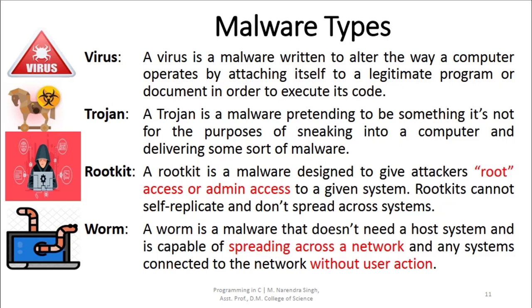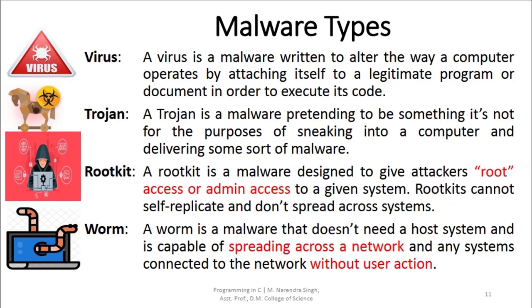Restricted accounts cannot do all kinds of things. That's the difference between admin account and restricted account. So what rootkit does is it gives attackers root access or admin access. And if they want to steal something from your computer, they can do it through that means. And if they want to make changes, they can do it through it.